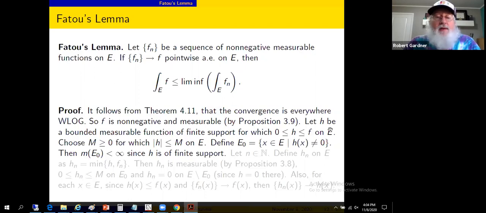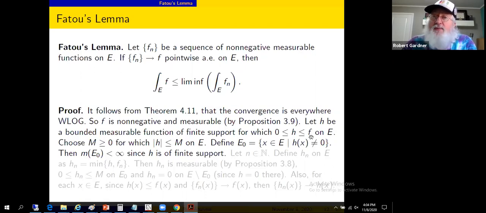All right. Let h be a bounded measurable function of finite support for which 0 is less than or equal to h is less than or equal to f on the desired set. So where we're going here, this part shouldn't be surprising. We're going for talking about the integral of f. How is the integral of f defined?